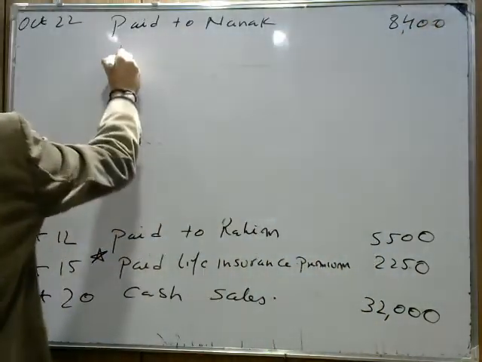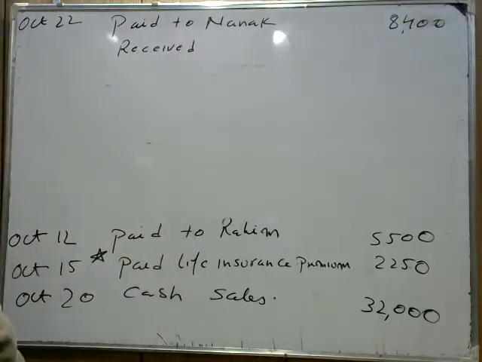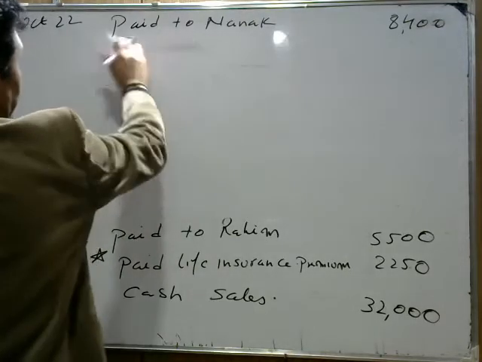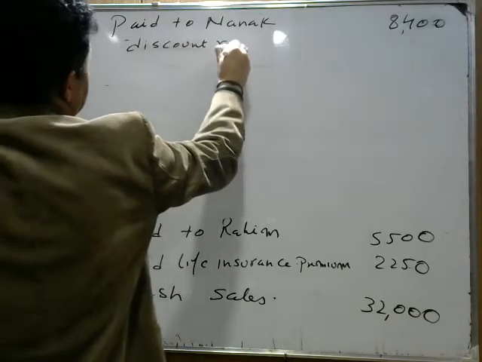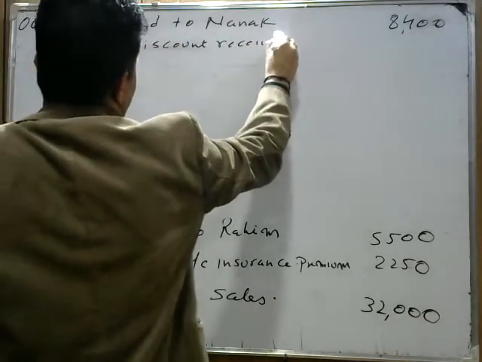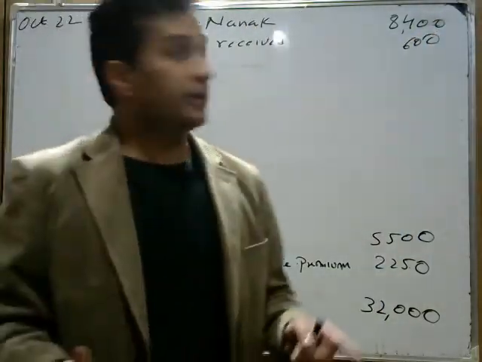And you receive from Nanak on the same date, discount received, simply mention here, discount received 600. It means that you have to pay to Nanak 9,000 rupees.